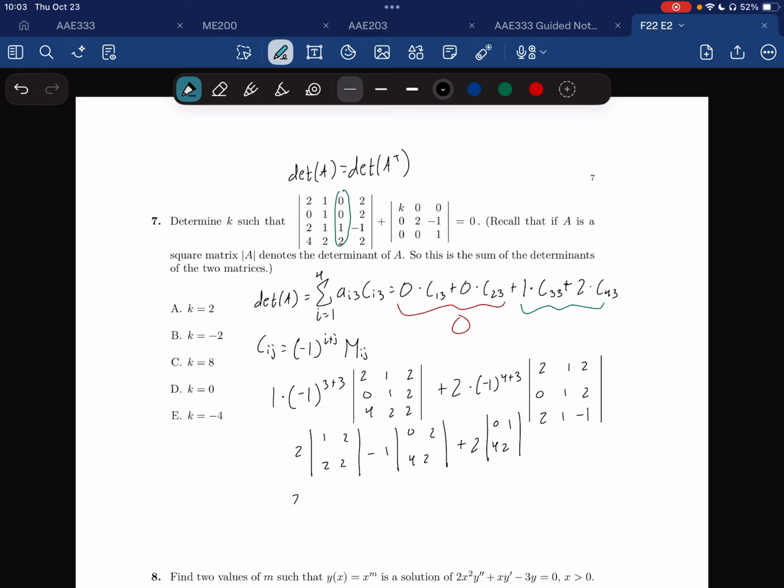This all becomes 2 times (2 minus 4), minus 1 times (0 minus 8), plus 2 times (0 minus 4), which is equal to -4.